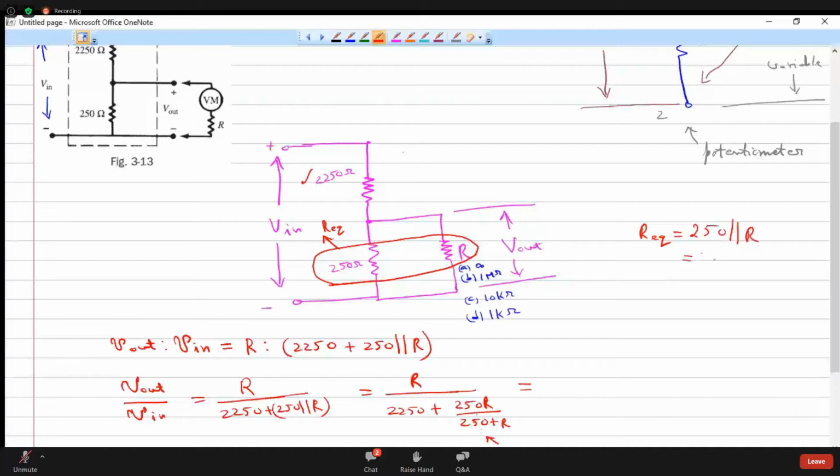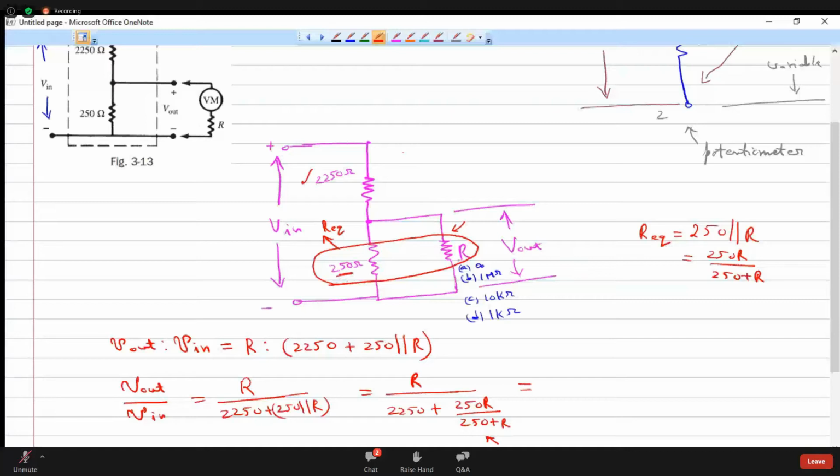So that is equal to 250 into R divided by 250 plus R. When we have R equal to infinity, we are connecting an infinite resistance in parallel with a low resistance. So what will happen to this? Yesterday also I told, when we have more than one element in parallel, the net resistance will be lower than that of the smallest one.